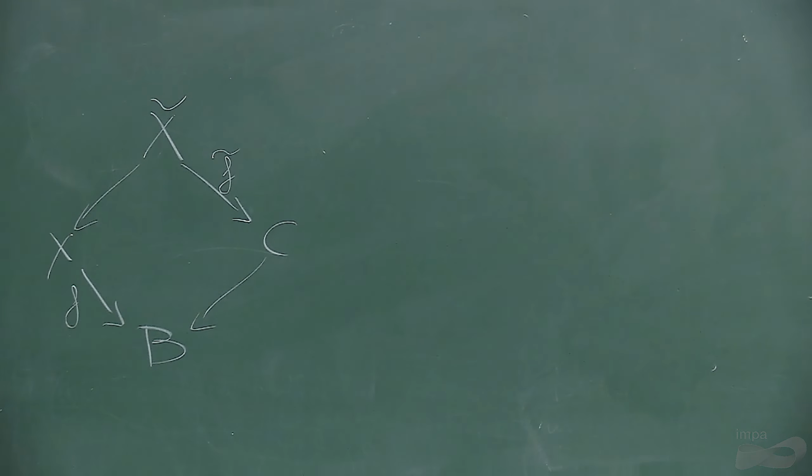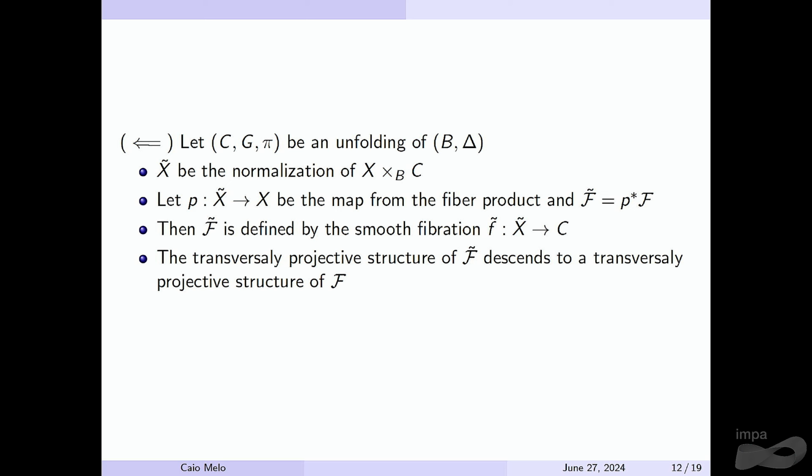And one can show that this will have a transversely projective structure by what I said, and this transversely projective structure will be invariant by the group G acting on X tilde, and so we can descend this structure to the space we began with.